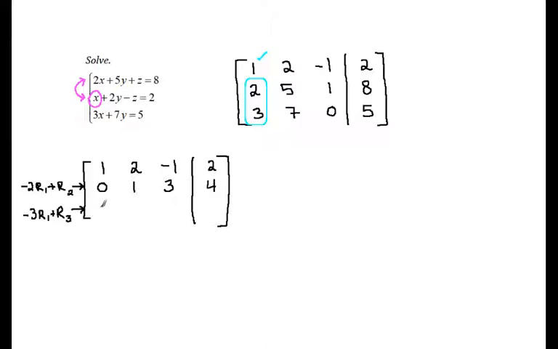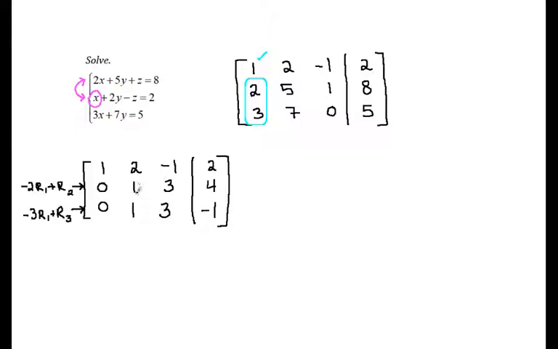For the bottom row, I have -3 plus 3 is 0. -6 plus 7 is 1. +3 plus 0 is 3. And -6 plus 5 is -1. We can already notice some similarities between these two bottom rows, but we'll keep going until it looks exactly like what we're expecting it to look like in order to identify it as inconsistent.